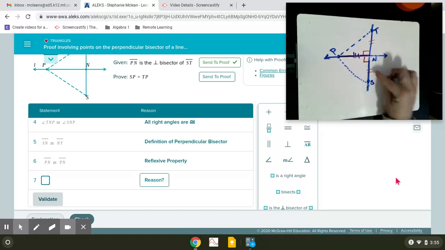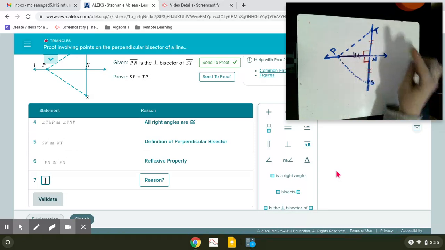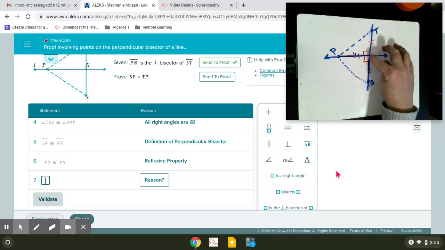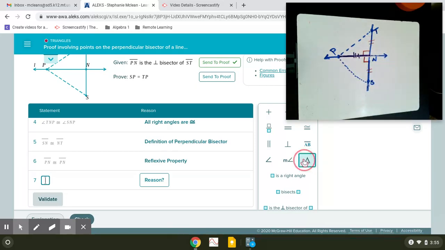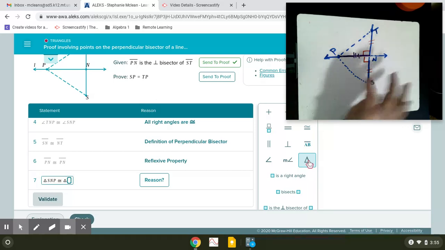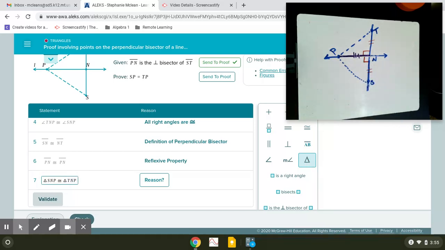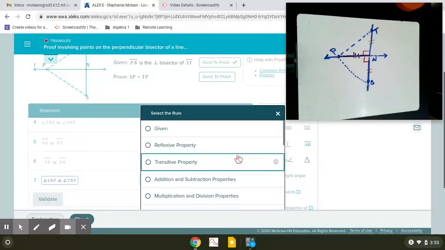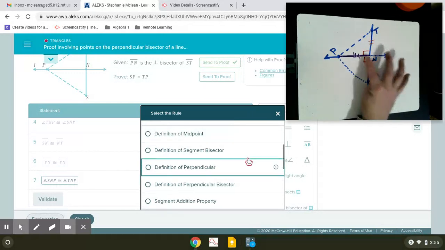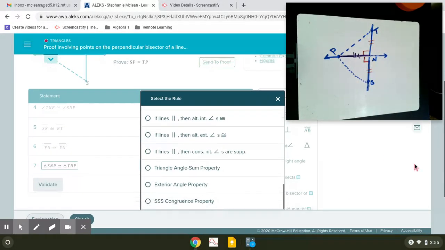We have a side, we have the angle in between, and another side. So triangle SNP is congruent to triangle TNP. And that is from the side angle side property.